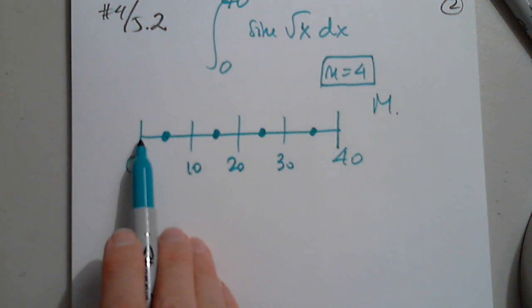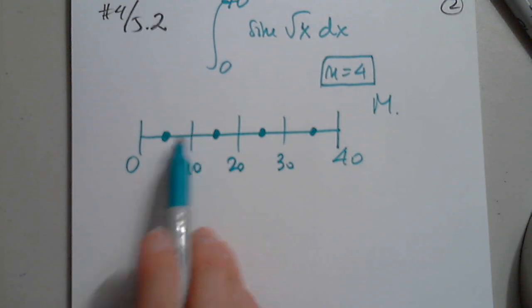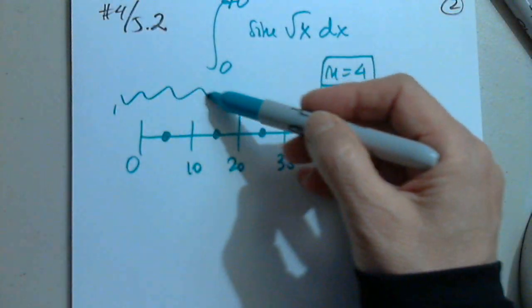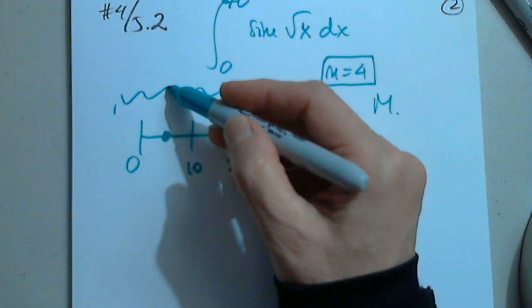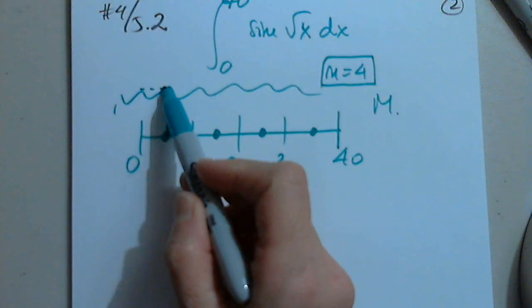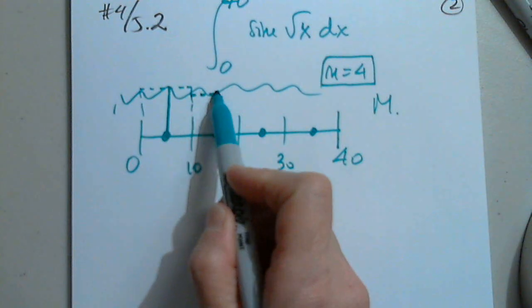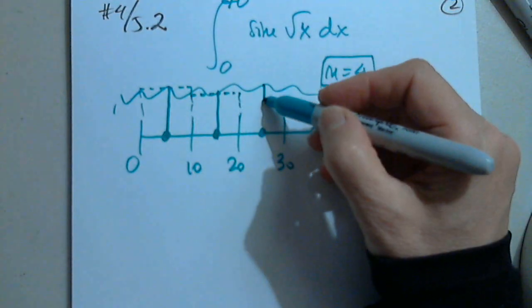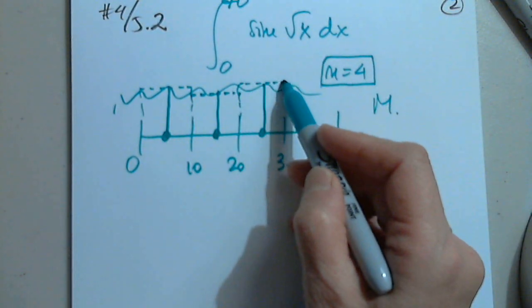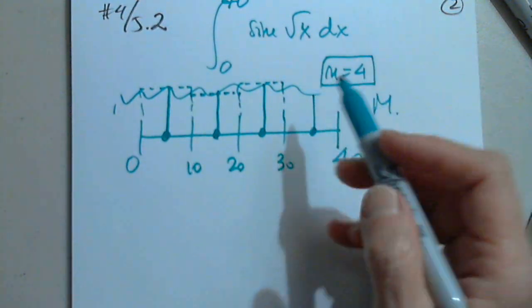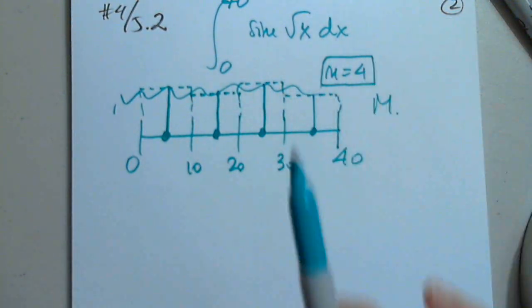They don't want us to have the height at the leftmost point or the rightmost point. But imagine the function is somewhere here. I don't care about the function, but this is the height. This is the height. This is the height. And this is the height. I don't care how the function looks like.